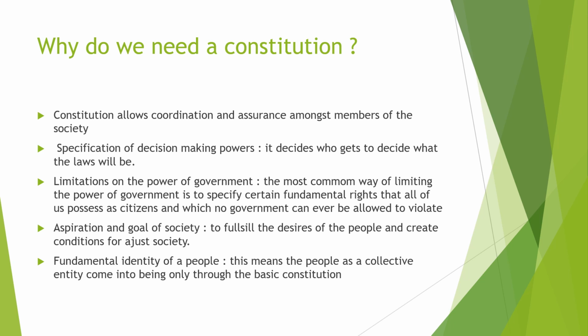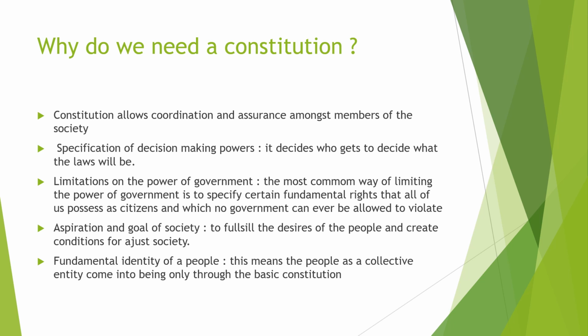Our fourth point is aspiration and goals of society. Every constitution is made according to the demands and desires of its people. It provides an enabling framework to the government. It tells the government what to do in the country and what not to do.